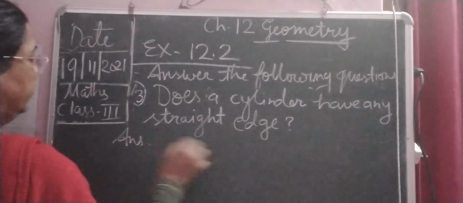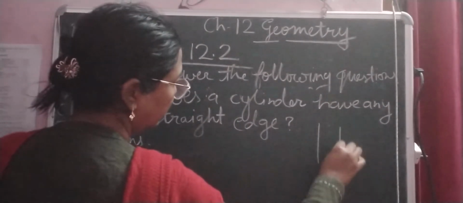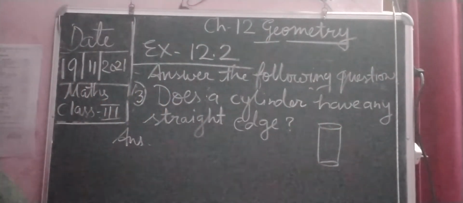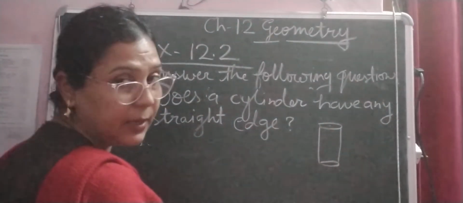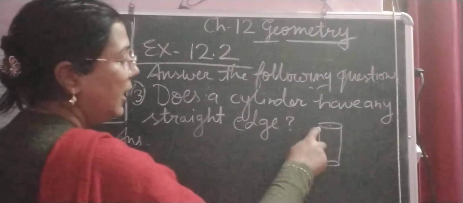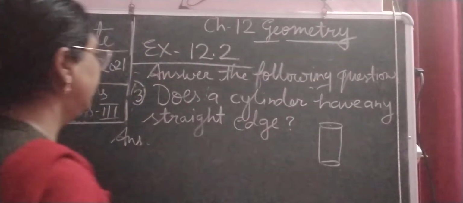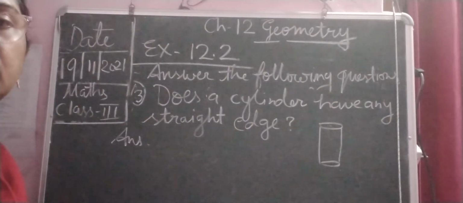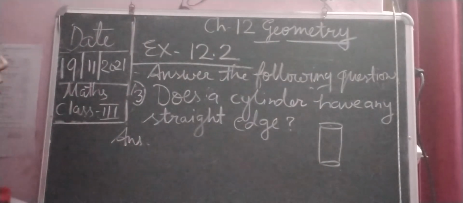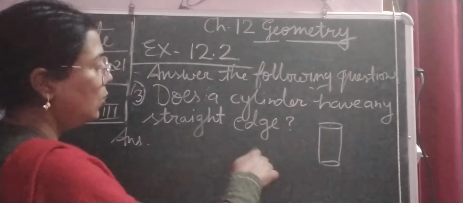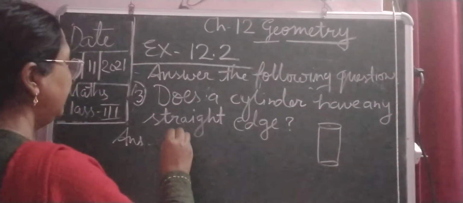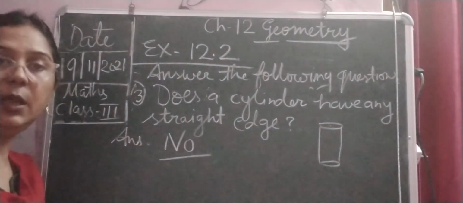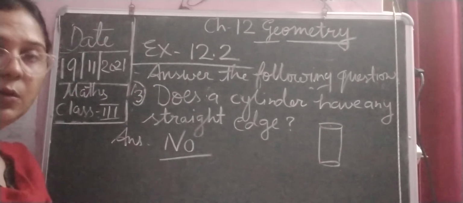We will look at the cylinder first. Here we have discussed that it has a curved edge, but they are all plane surfaces, and you can see its faces are circular. So does a cylinder have any straight edge? No, children, because this is circular. So we will write no. This is not straight, this is circular. Children, please write it down, no.